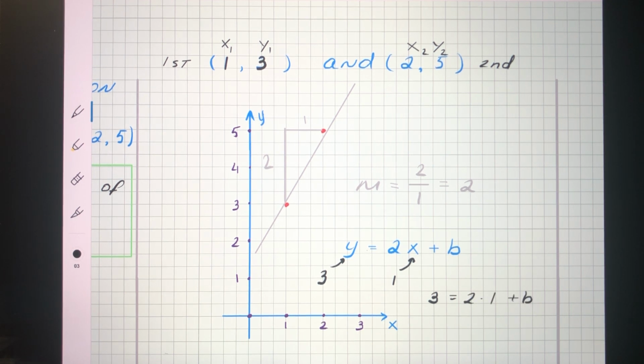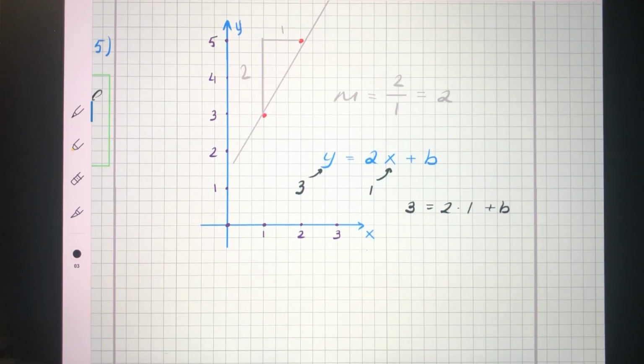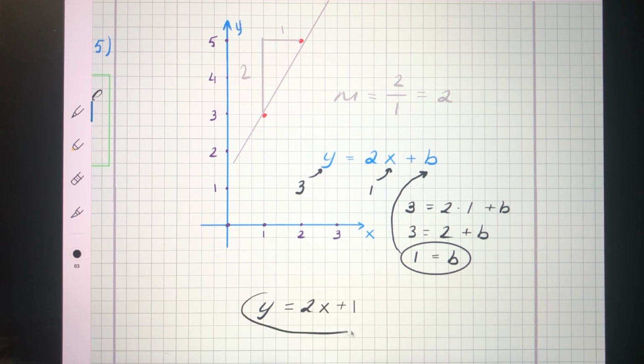The only thing we don't have here is the b, and we can find it fairly easily. 3 equals 2 times 1, which is 2, plus the b. Subtracting 2 from both sides makes 1, so b is equal to 1. Now we have the entire equation. The only thing we needed to do was find the b, so the final answer is y equals 2x plus 1. And that's the final answer.